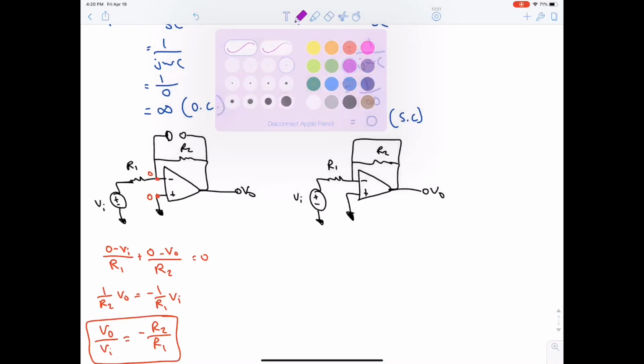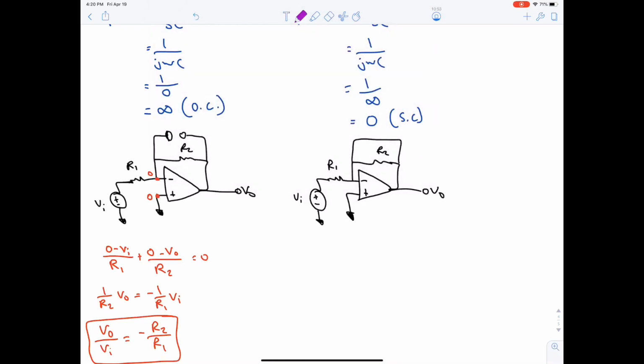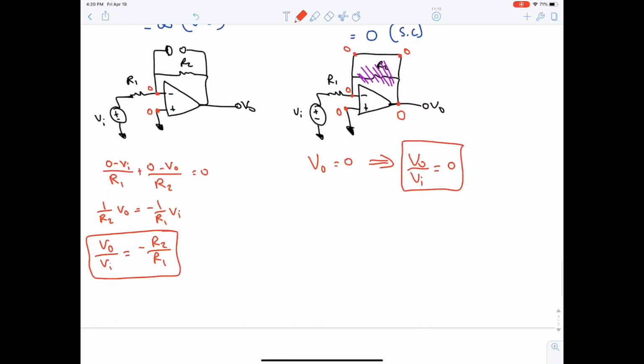Now, if we have a short circuit parallel with a resistance, the resistance disappears. So now this value is 0. If this is 0, this is also 0. And as this is only a wire, then V output is 0. And if V output is 0, then V output over V input is 0 again.